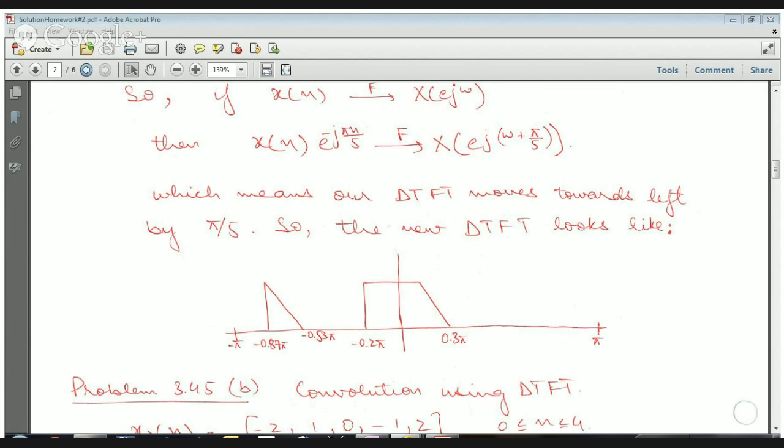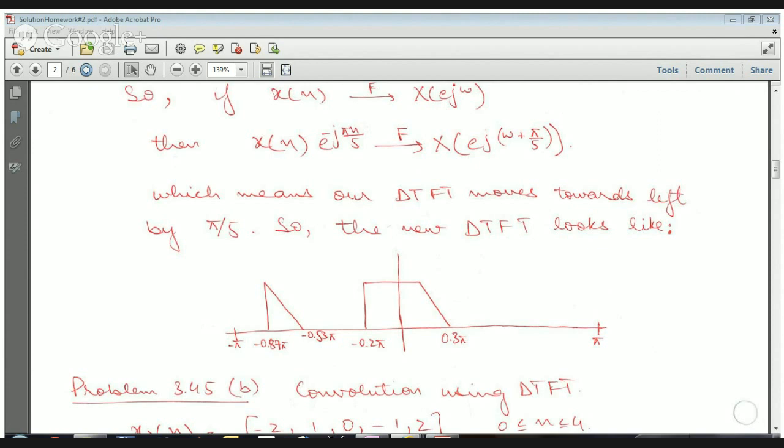the table of the DTFT properties, let me find that table number. Okay, so it's table 3.4, and the property is the frequency shifting property.